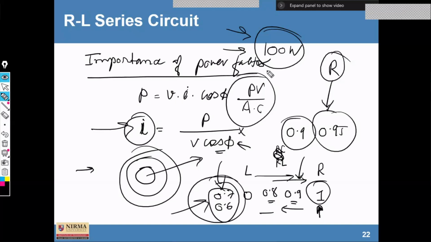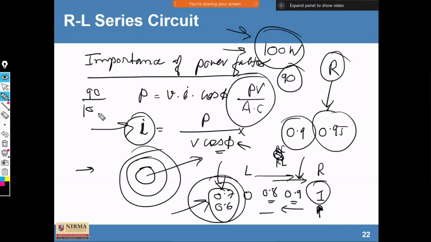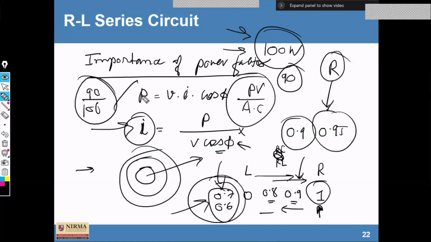Now in the second case, it is 90. So if we take 90 by 100, we can find the efficiency. Clear? So if the power factor is lower, in the sense 0.8, 0.7, 0.6, then the efficiency is also going to be different.